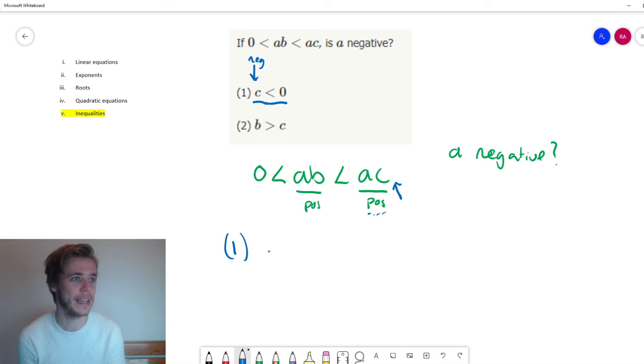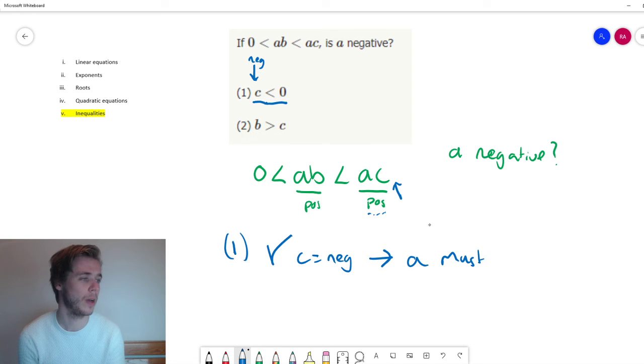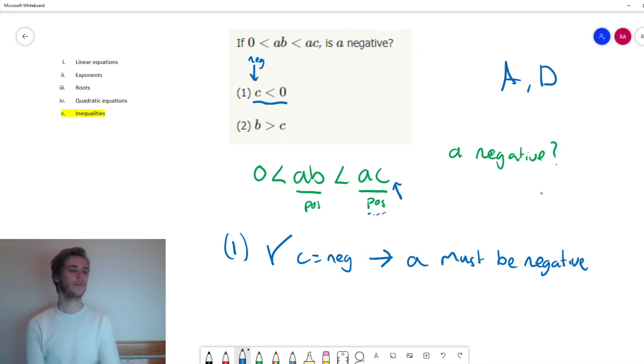So the first statement is sufficient because C is negative, so A must be negative as well. So now we're going to check, is it answer A or is it answer D?